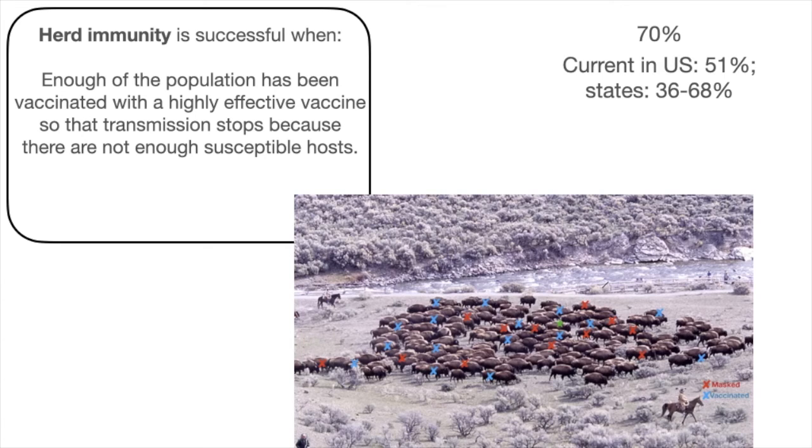But of course, people travel. We really need the entire country to be averaging around 70%.